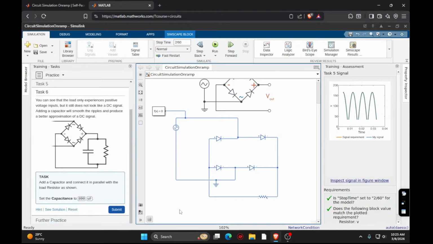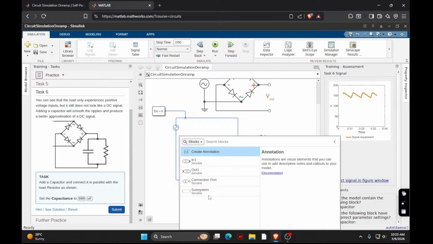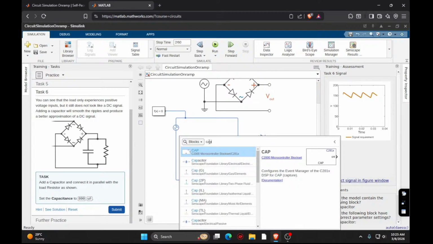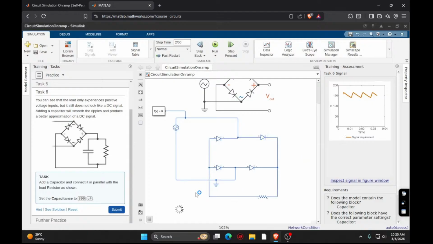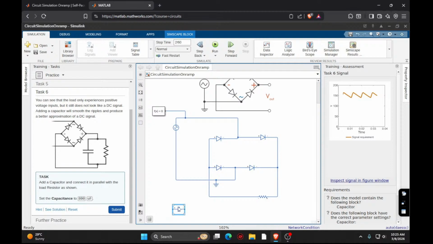Add a capacitor from the Foundation library, and I have to add it parallel to the resistor.